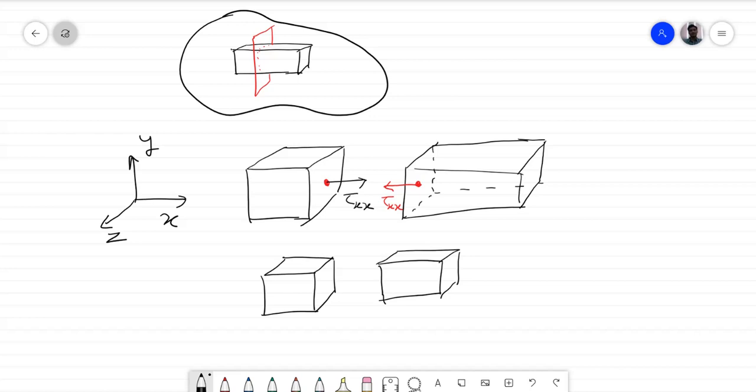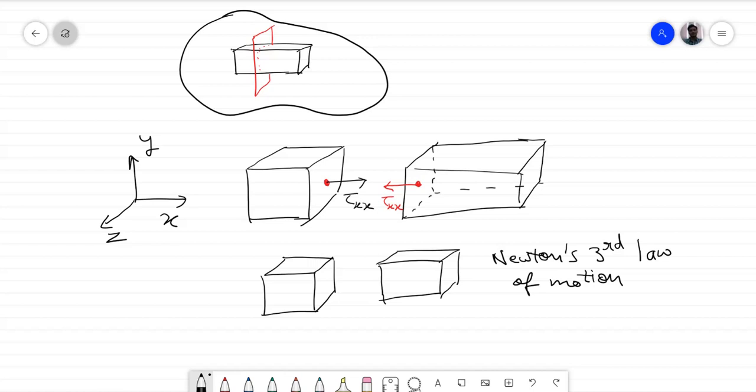Why? Because of Newton's third law of motion. It doesn't depend on whether the body is in equilibrium or not. It states that forces applied by two bodies on one another are equal and opposite.